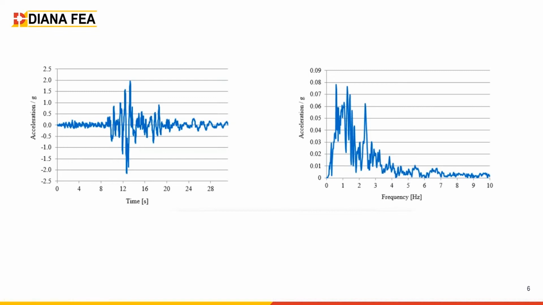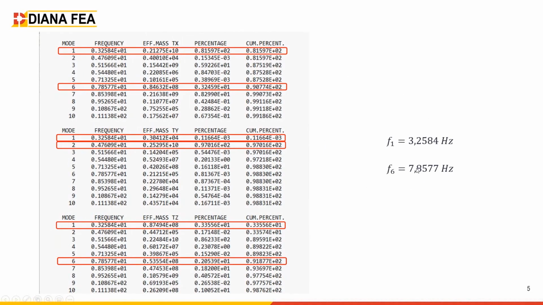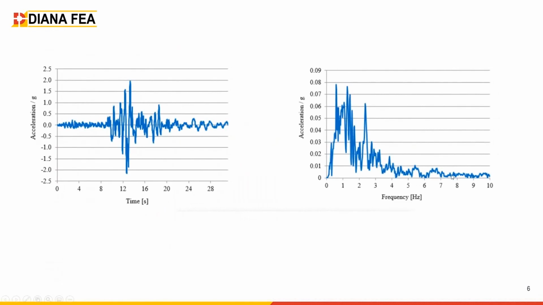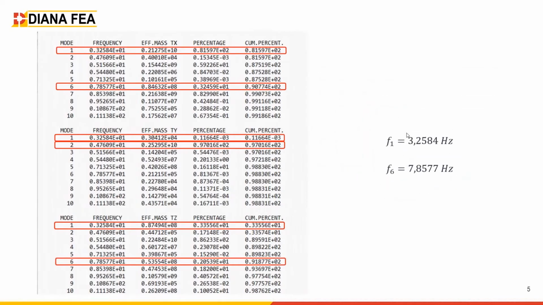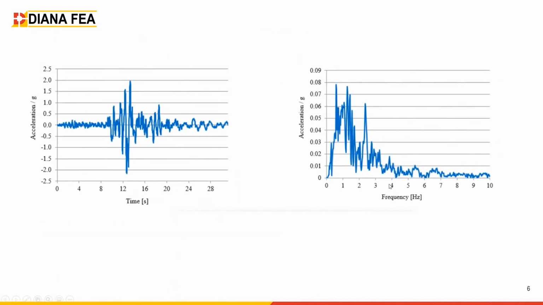If we look at the frequency that we found, so F6, for instance, which is 7.85, it's somewhere over there. So we are basically outside this band of 0.5 to 4 Hertz. So we are good. But for F1, which is 3.25, 3.26, we are somewhere here. So we are within this band.